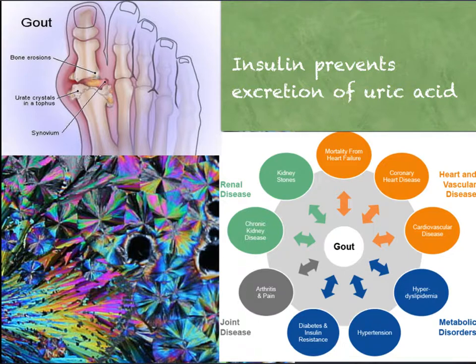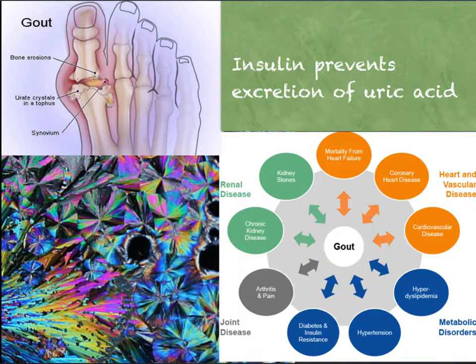And you know, insulin prevents excretion of uric acid. So after a very sugary diet or sugary drink, you will have a rise of insulin, and on the way of its function, insulin would prevent uric acid from being excreted, causing more crystallization, more precipitation, and a gout attack.